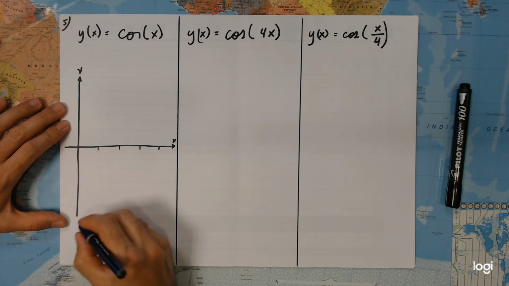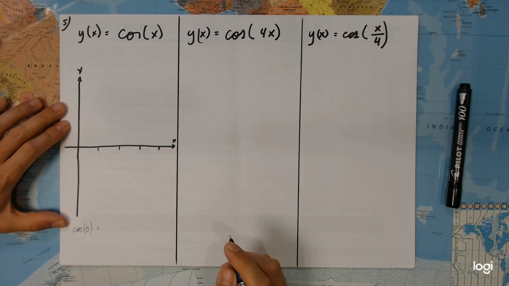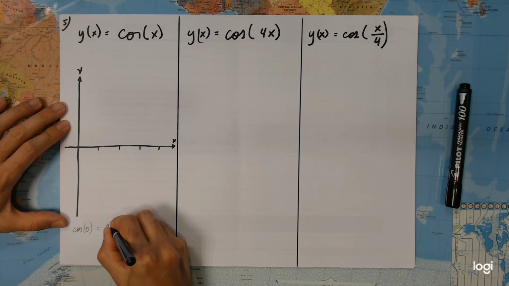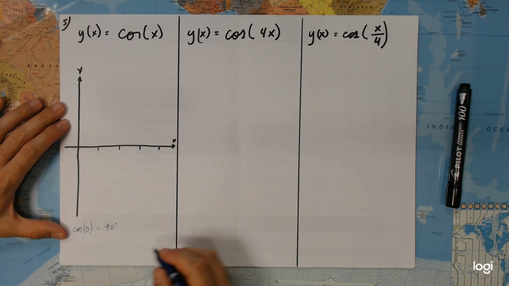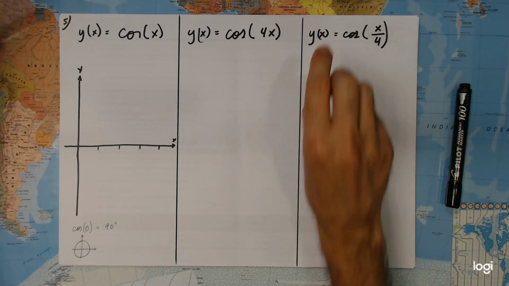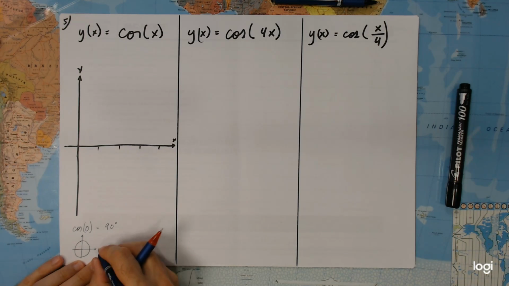Okay, remember, for the cosine to be 0 we must be precisely at 90 degrees. Let's just recall. I always like to draw these, it's much more comfortable to work with.